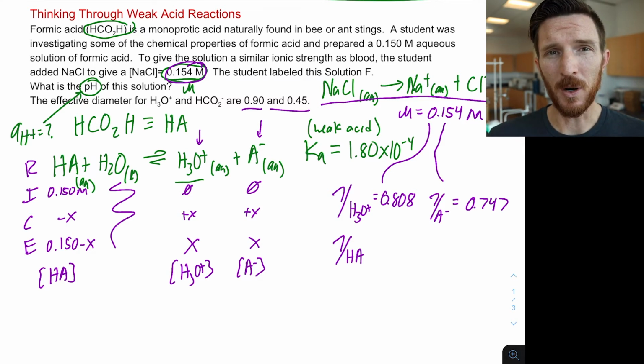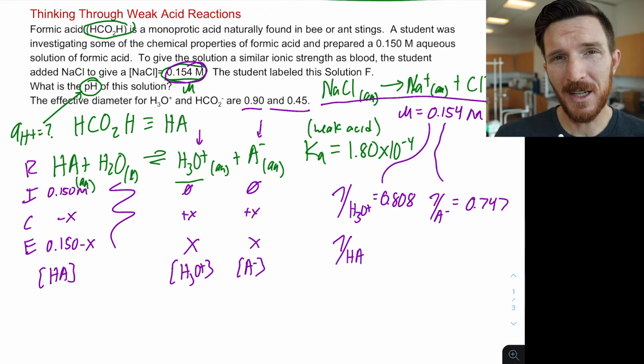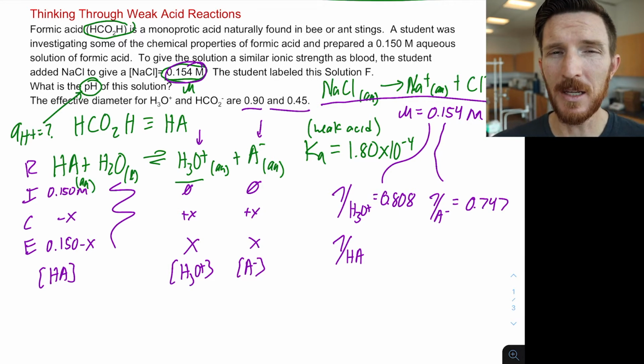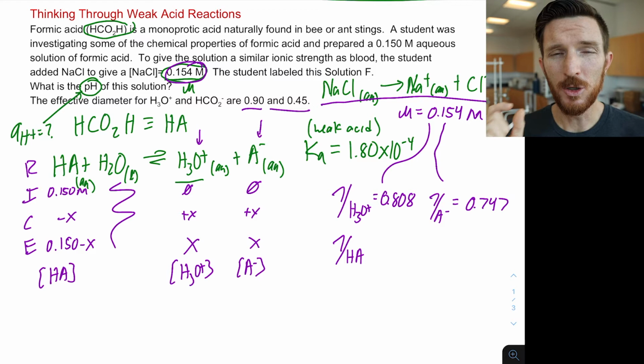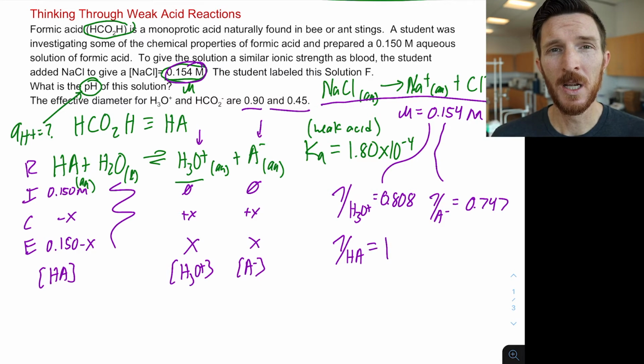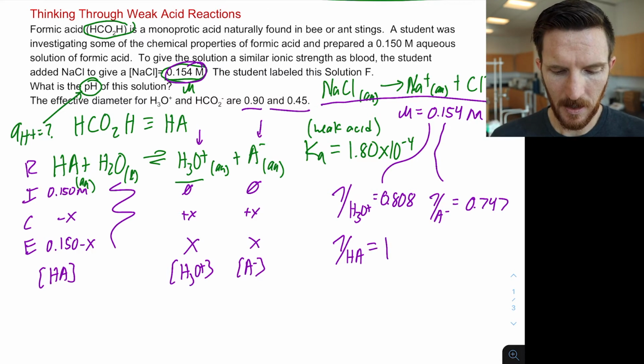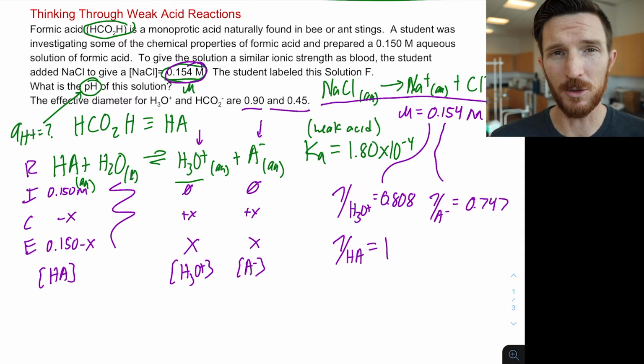And so for the most part, unless we're dealing with extremely high ionic strength solutions, we would see that our actual concentration and our activity, the relative reactivity of that specific neutral species, in this case the formic acid, will be 1.